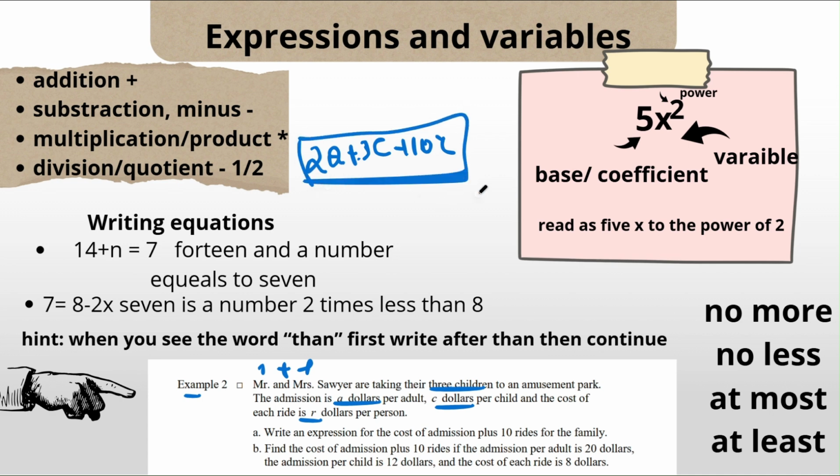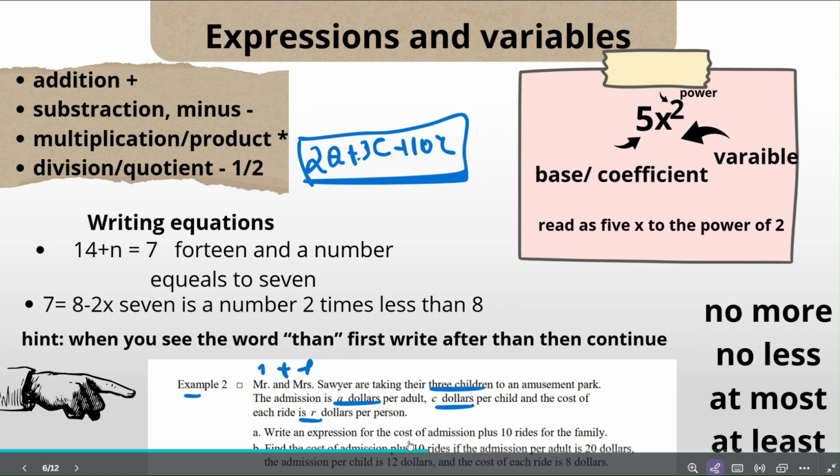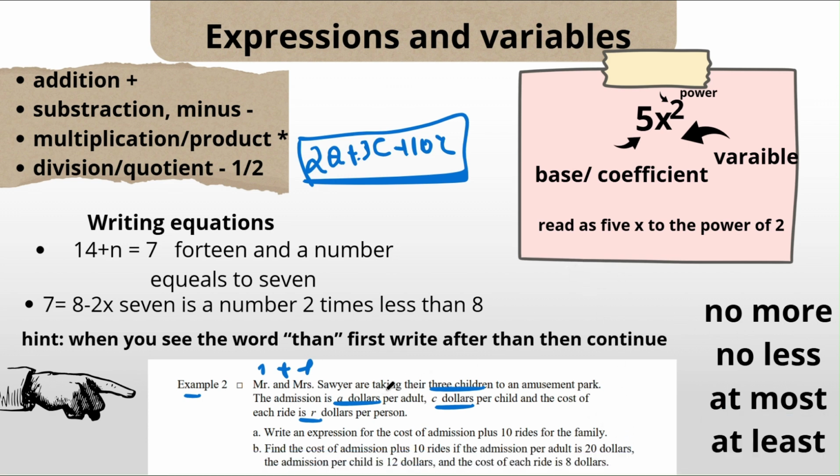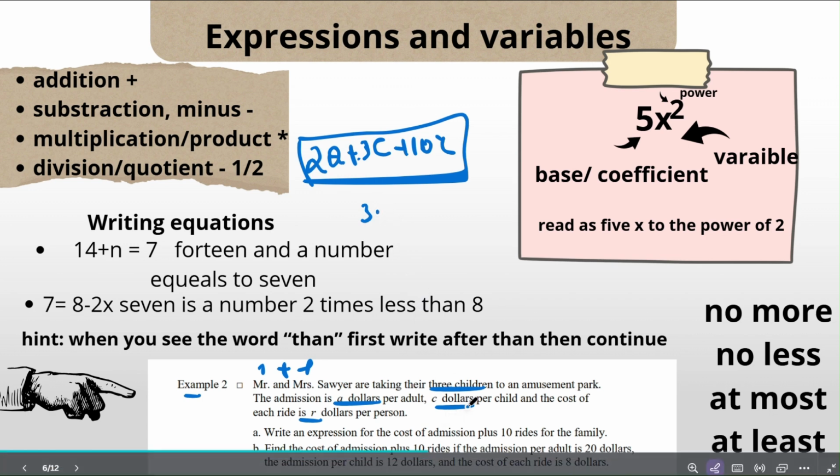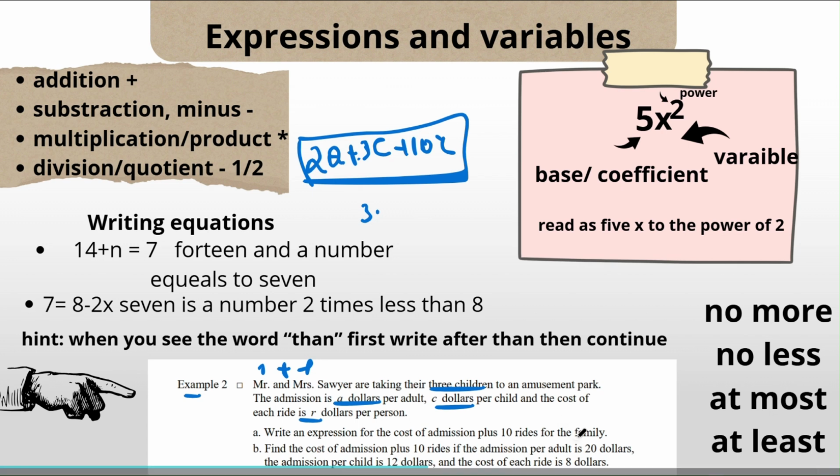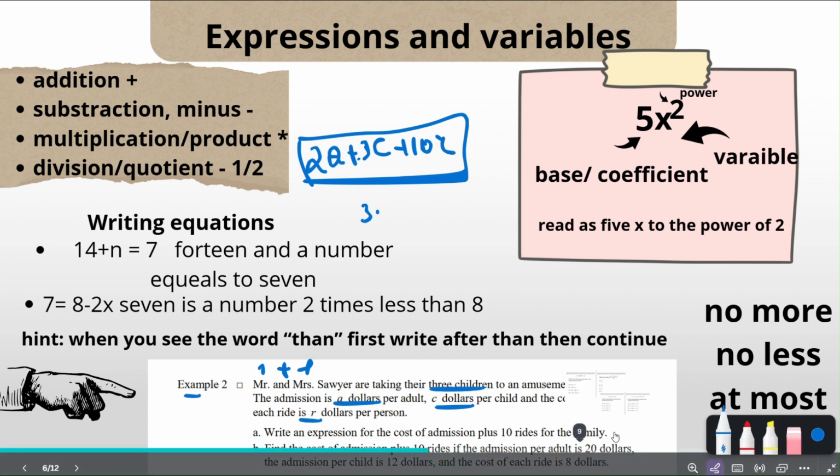For the second one, it says find the cost of admission plus 10 rides if the admission per adult is $20, the admission per child is $12, and the cost of each ride is $8. Now, let's set up this equation. Let's start off with the adults, because it goes by order.